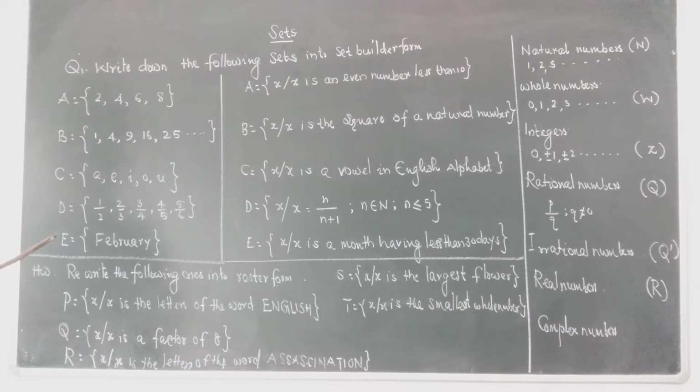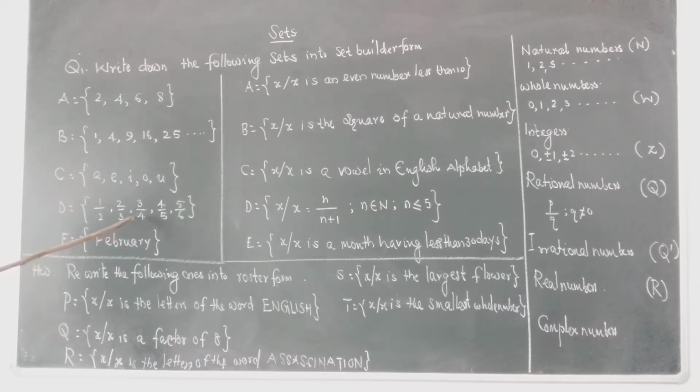Now comes D. D is equal to, look at the set correctly, 1 upon 2, 2 upon 3, 3 upon 4, 4 upon 5, 5 upon 6. We can't say this exactly using a sentence here, so we are bound to make an equation. In every case, the numerator is 1 less than the denominator.